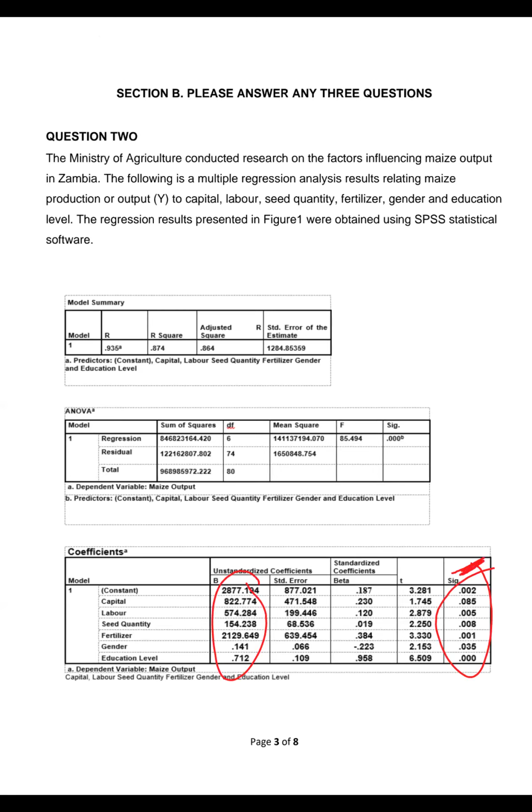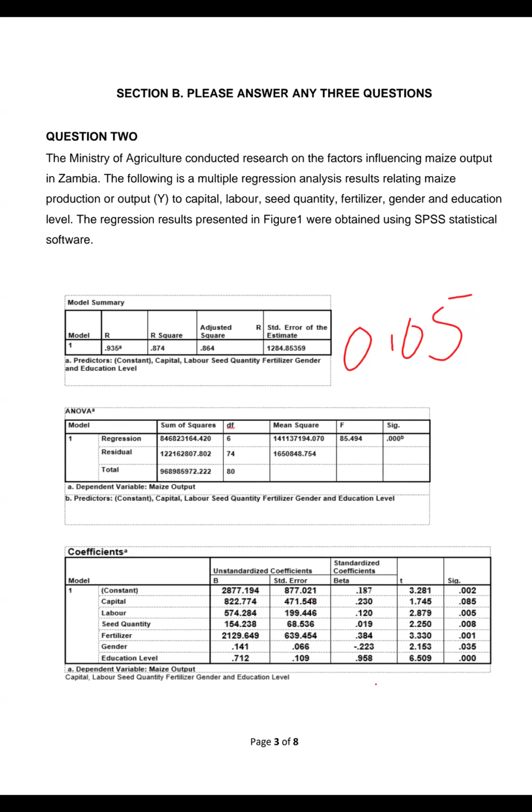Remember, if the p-value is less than 0.05, it means that the variable is statistically significant to the model, so it has some explanatory power. It's important, it's useful in explaining that model. Maybe let's start from significance before we start interpreting the coefficients.